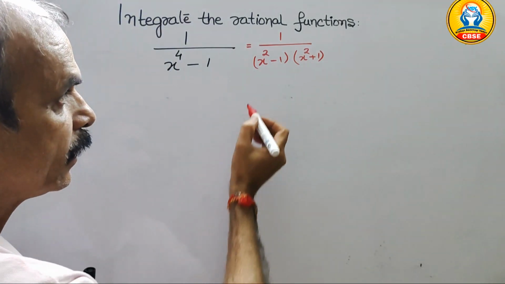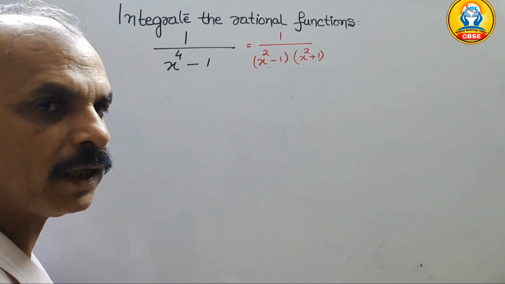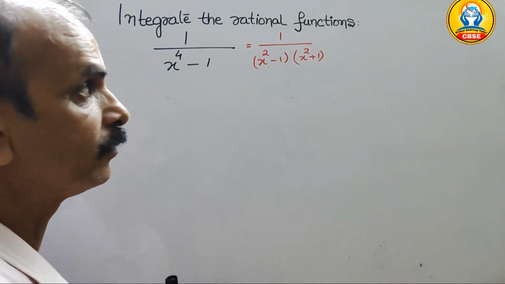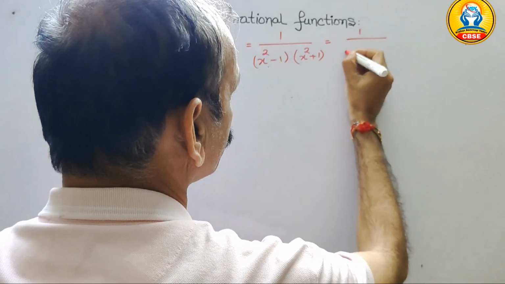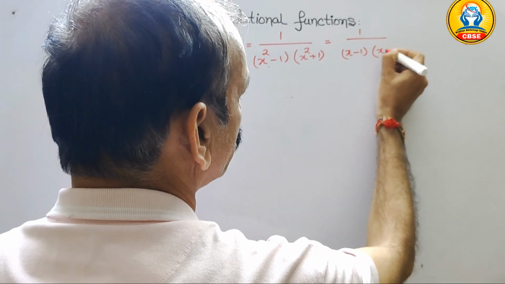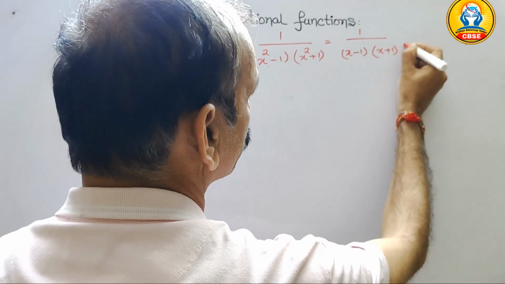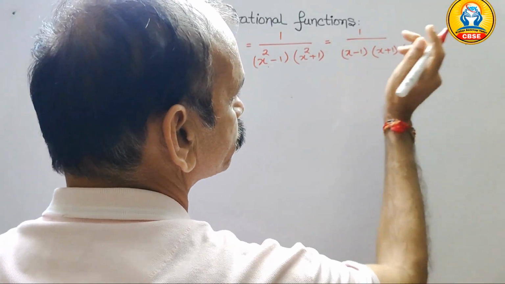Now again we can rewrite this as x minus 1 into x plus 1. So therefore it will be 1 by x minus 1 into x plus 1 into x square plus 1.